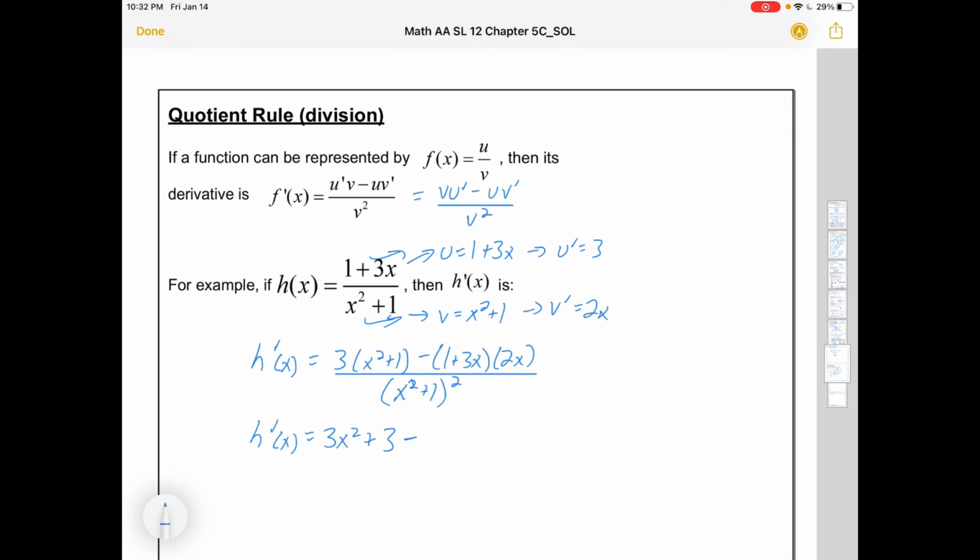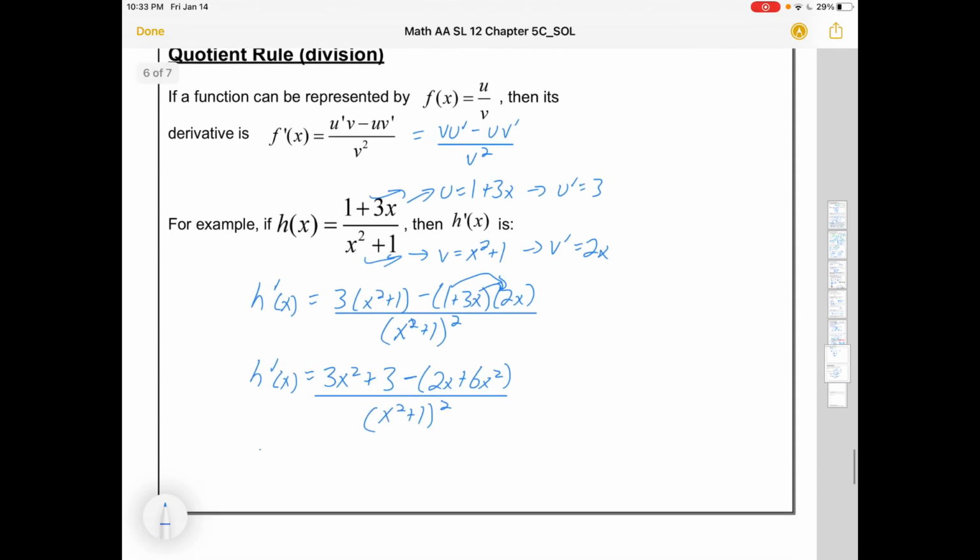We're still subtracting this whole thing, so I'd be inclined to do my multiplication and keep it in brackets until I'm quite sure that I'm not going to screw it up. Okay, so h prime of x is going to be 3x squared plus 3 minus 2x minus 6x squared all over x squared plus 1 all squared.